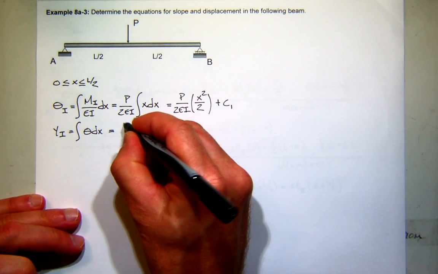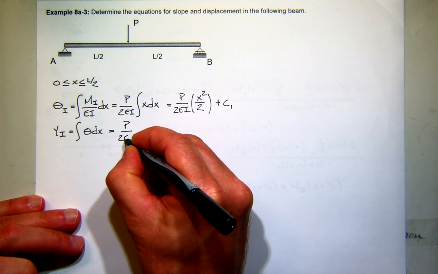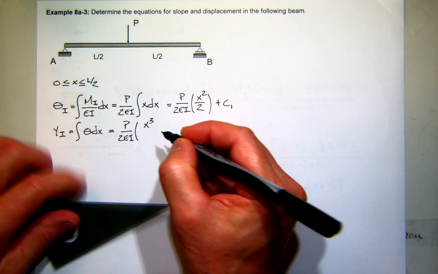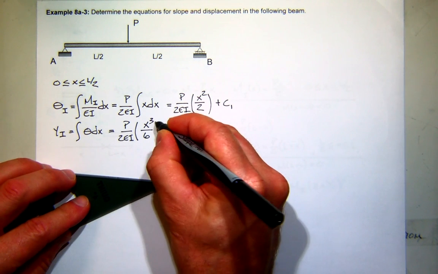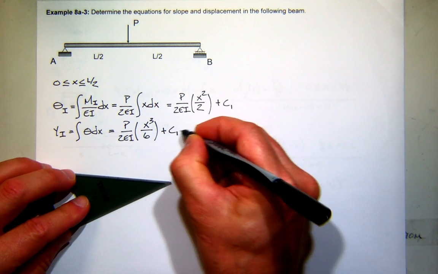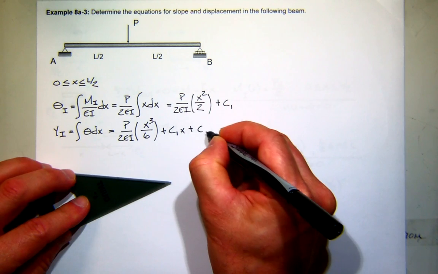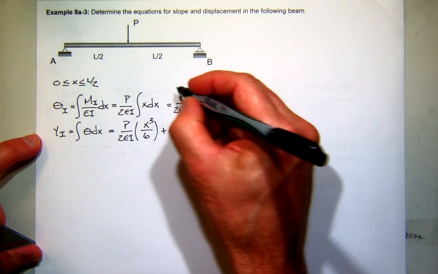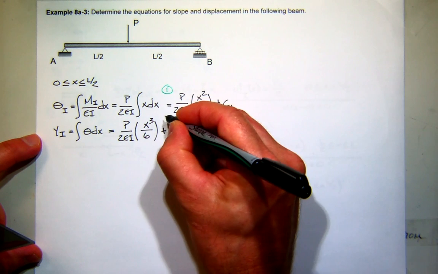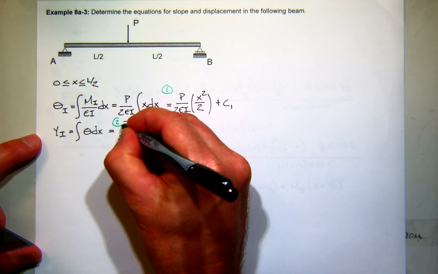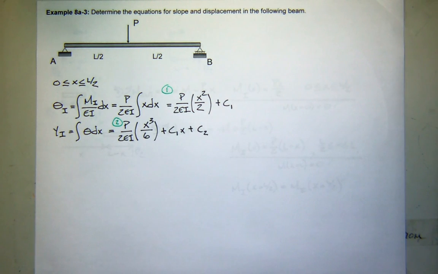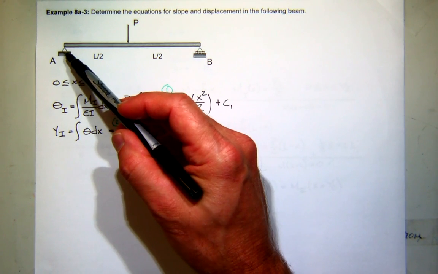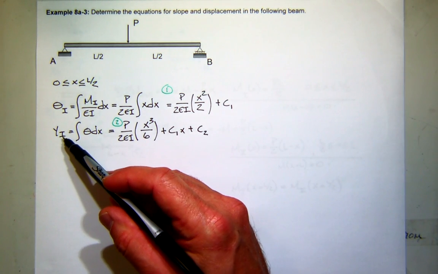And again, you can see I've got P over 2EI, and this becomes x cubed over 6 plus C1x plus C2. So really now I have two equations in two unknowns. But right now I only have really one condition that I'm sure of. The displacement at A in that zone is 0.